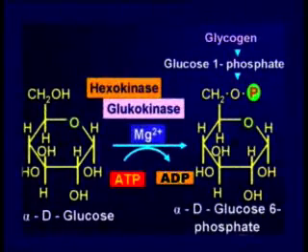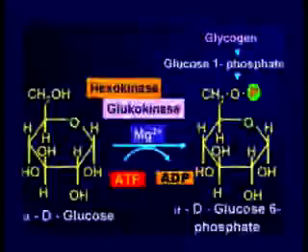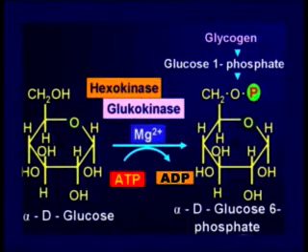When glucose gets converted to glucose 6-phosphate, a molecule of ATP is used. Remember, whenever you're using kinases in any chemical reaction in the body, it usually involves ATP, GTP, or any other phosphate. Since there is an ATP conversion here, the enzymes involved are kinases.